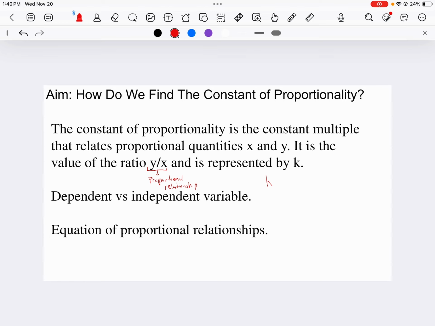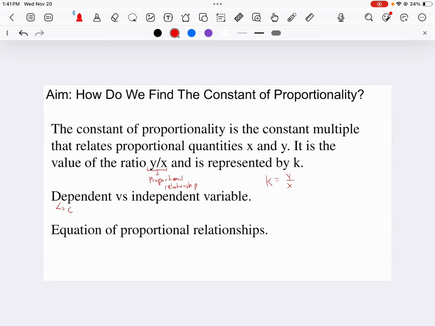So our constant of proportionality is k equal to y divided by x. It would have to be the same for each ratio in the problem in order to have a proportional relationship.